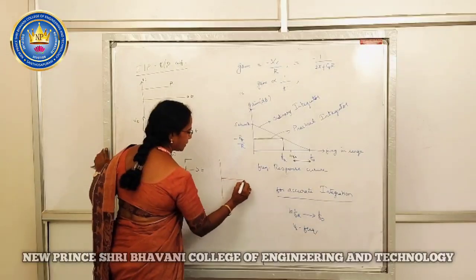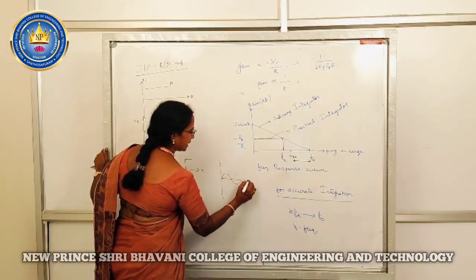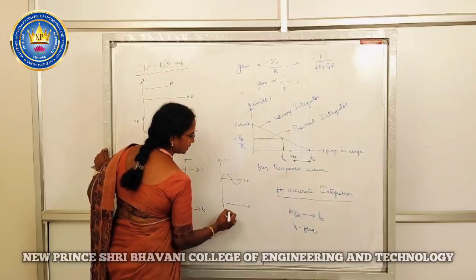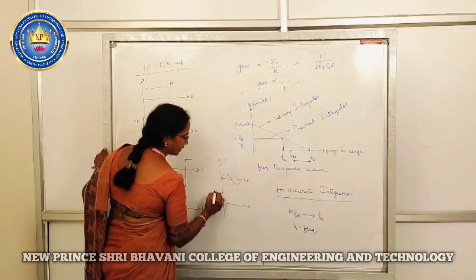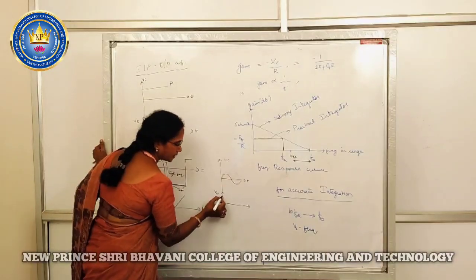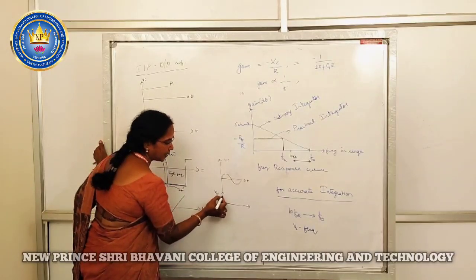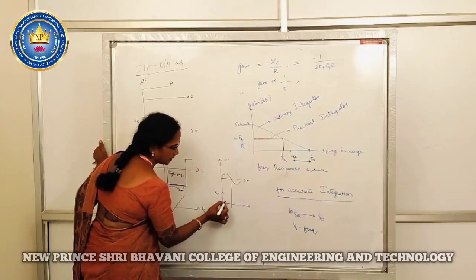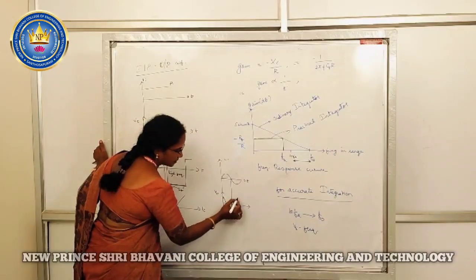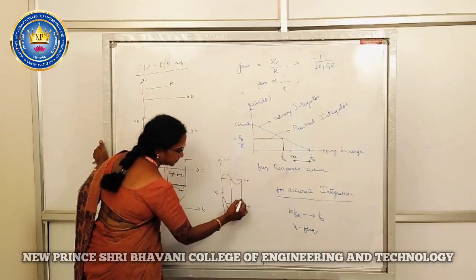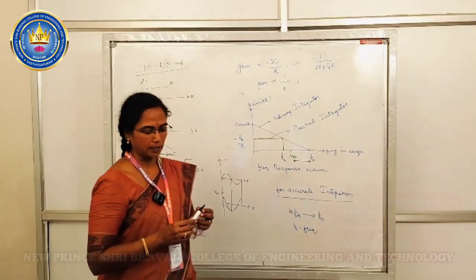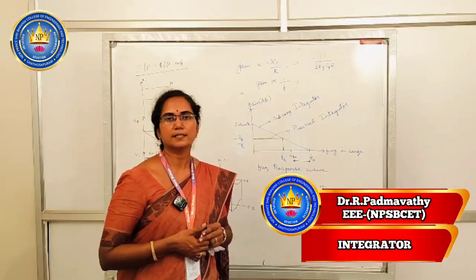When you give a sine waveform, the integration result will be a cos, but if you give the input to the non-inverting terminal, the output will normally be minus cos. If you give the input signal to the inverting terminal, you will have a plus cos. So I hope you have understood the integrator concept.